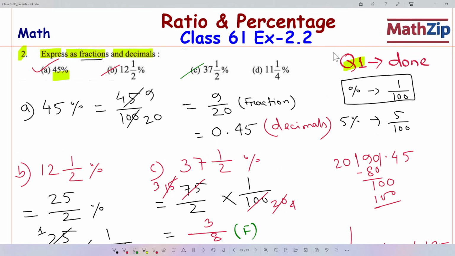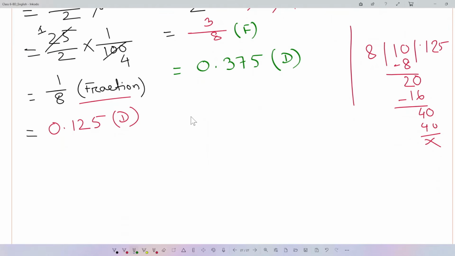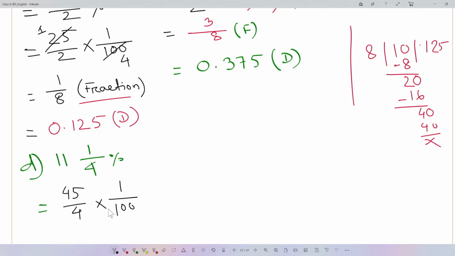Now number D, 11 and then 1 by 4 percent. First we have to convert this to an improper fraction because this is a mixed fraction. 11 times 4 is 44, plus 1 is 45, divided by 4. Against this percent we use 1 by 100.